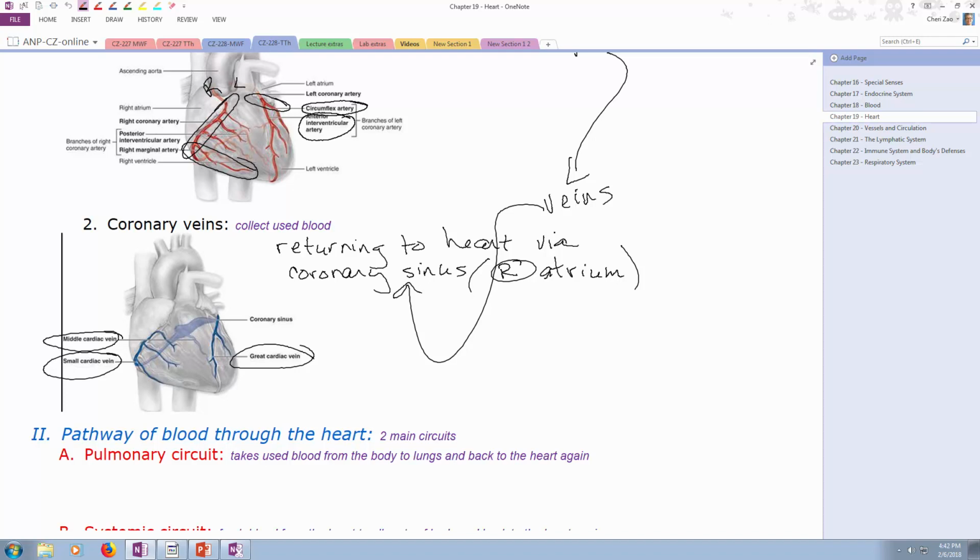And the other thing, as you guys have noticed about the veins, is they are kind of embedded in the heart muscle itself, correct? And so what that means is, if the veins are embedded in the heart muscle itself, when the heart muscle contracts, it literally squirts the venous blood along. You guys follow that too? So it's a pretty slick way to actually take care of the heart's needs.